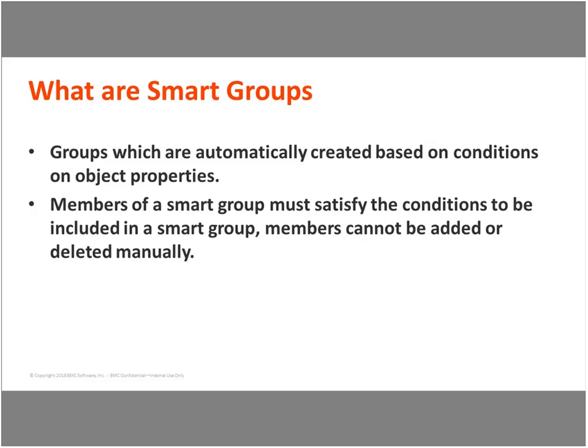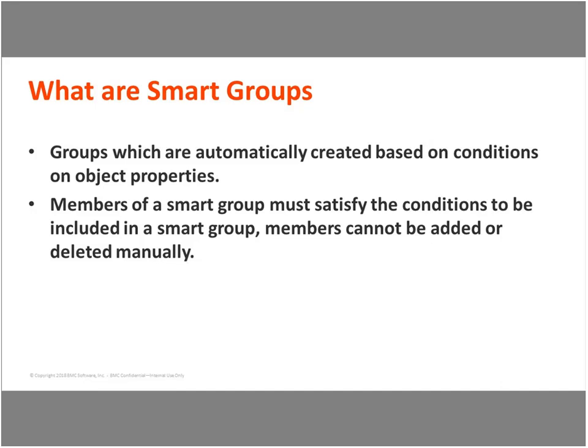Let's begin with, what are smart groups? Smart groups are groups which are automatically created based on certain conditions. For example, conditions like server properties, patch impacts, or any of the custom properties that you can create for servers, for your patch catalogs, and things like that.